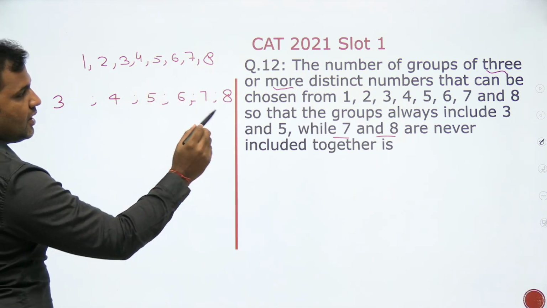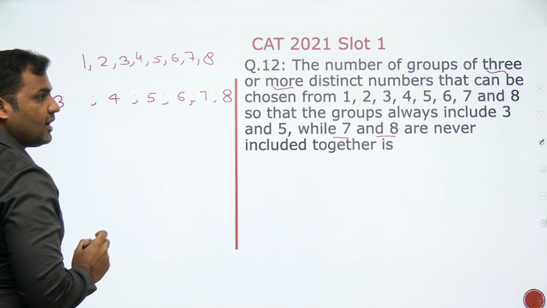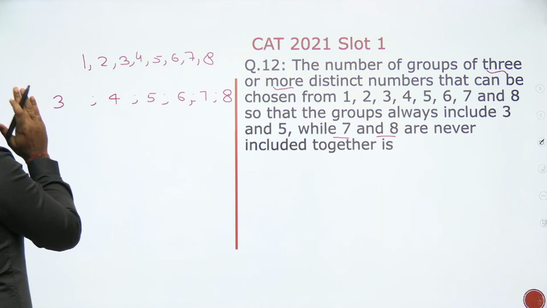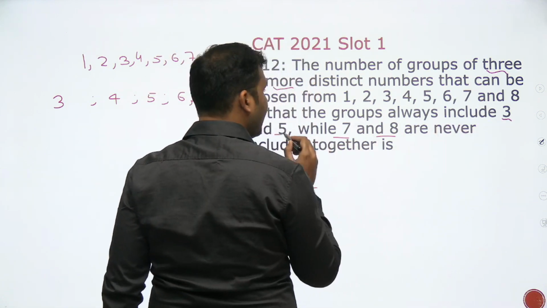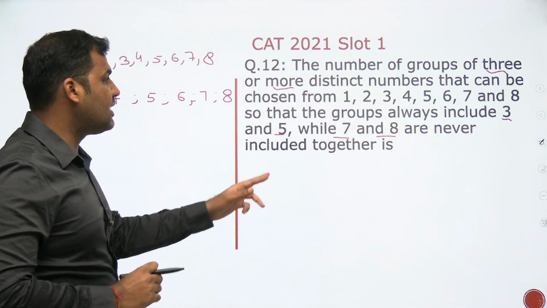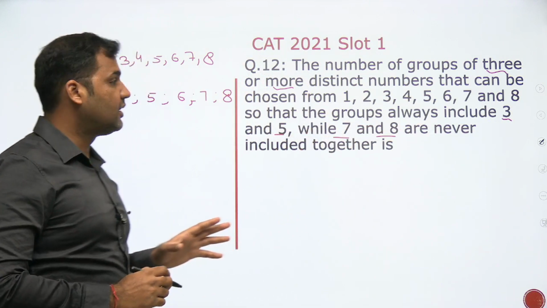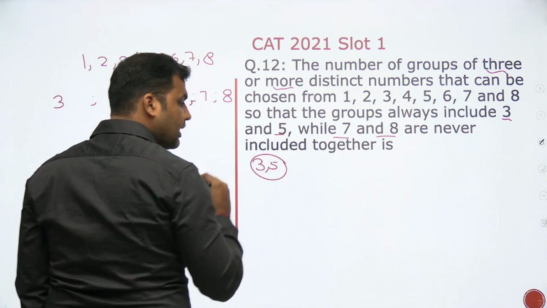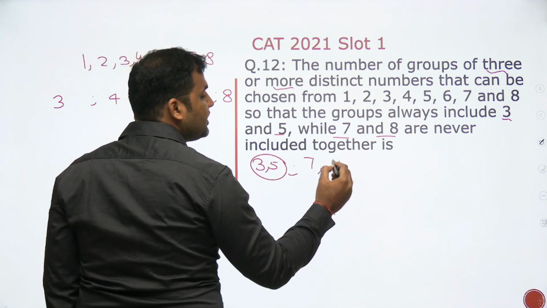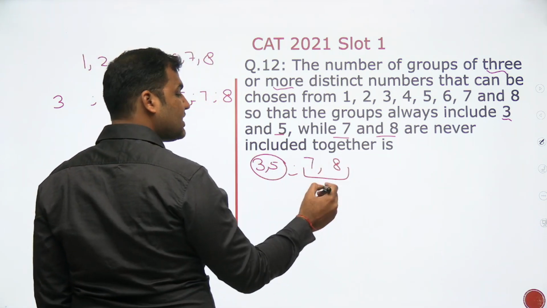Okay. Now the condition is given that every time you're selecting 3 or more distinct numbers, you have to include 3 and 5, but 7 and 8 are never included together. But 3 और 5 को तो आपको include करना ही करना है और 7 और 8 में से दोनों को include एक साथ नहीं कर सकते.